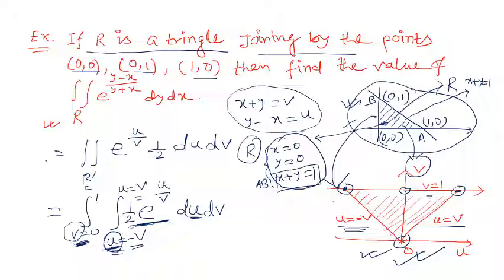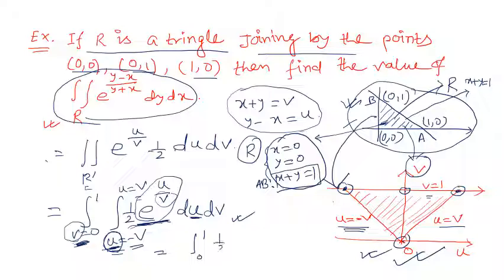So now the given integral is converted into a simple integration, which is very easy to evaluate. Now when I am integrating this with respect to u, keeping v constant, it will be 0 to 1 and half.